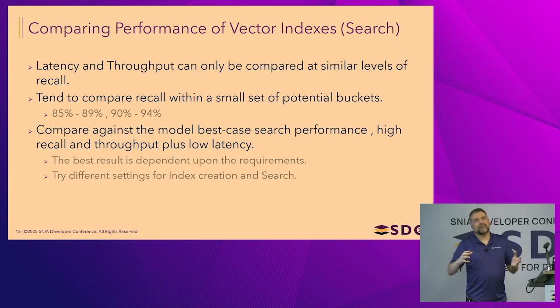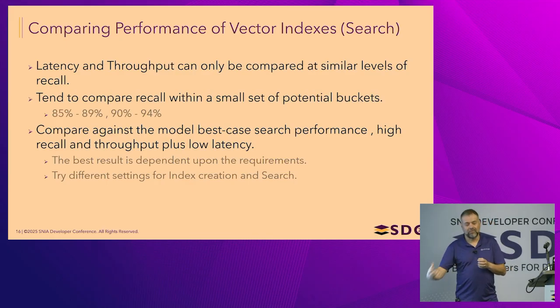I say that because now when we talk about DISKANN, which is using block storage to offload part of the indexing, you will see some numbers that are counterintuitive with what we expect, right?